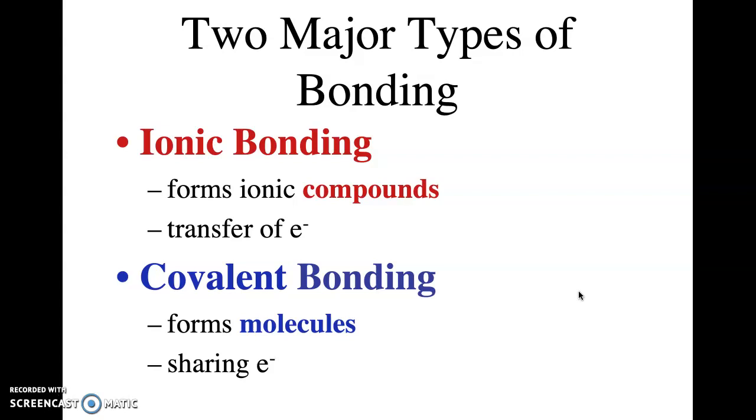I did a little exercise with them on the board earlier today with the word covalent. Covalent itself gives you the definition of what the term means. If you were to take the word covalent and subdivide it, put a slash mark between the prefix co and the word valent, right?